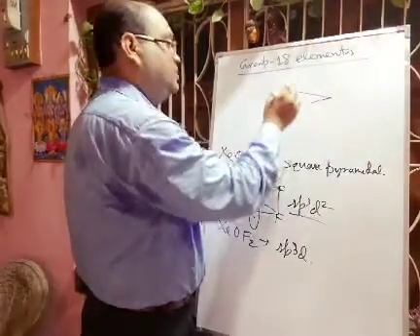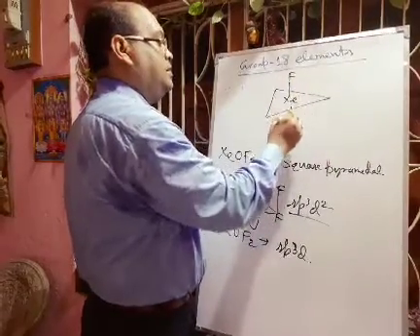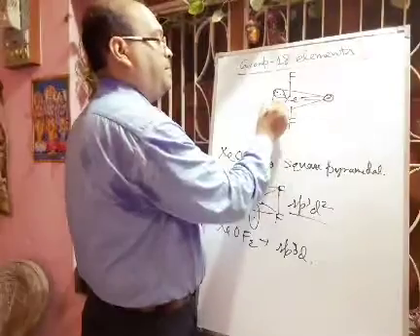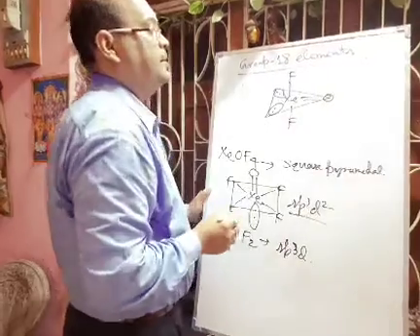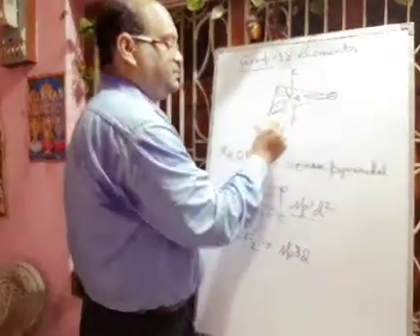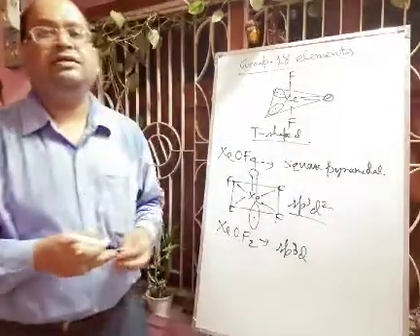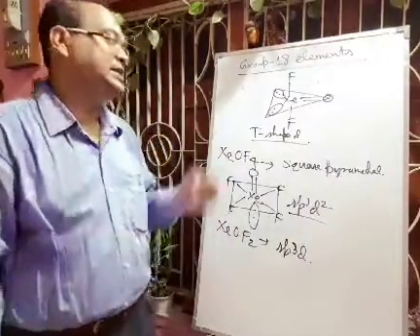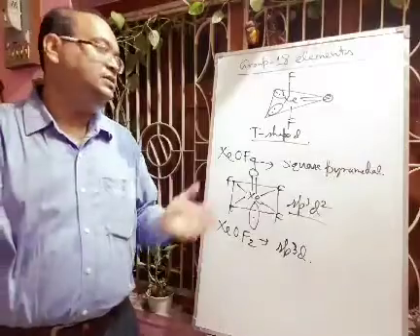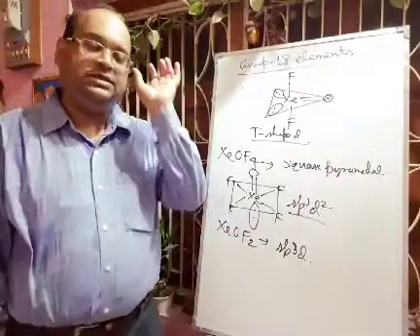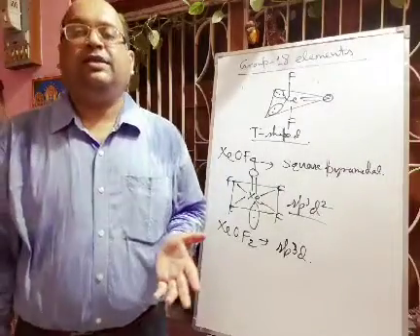This is xenon, fluorine, oxygen. So it is T-shaped. Hope you can understand. So in this way you have to practice the structures, whatever is in your syllabus. Next, the last portion I will discuss is the uses of noble gases.